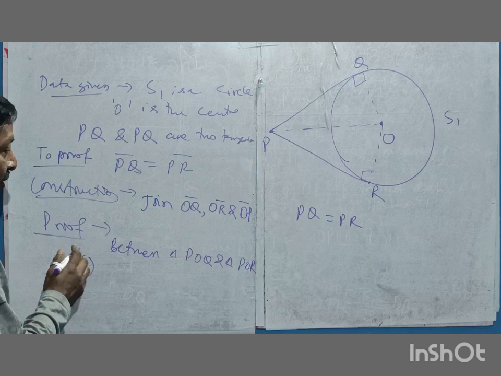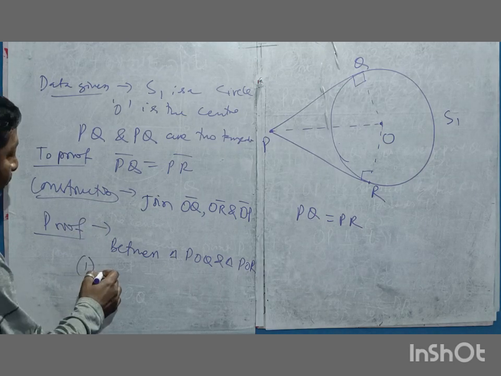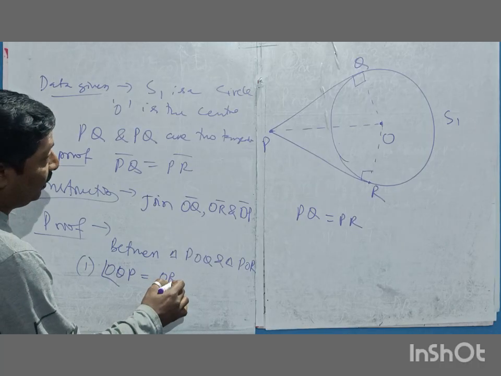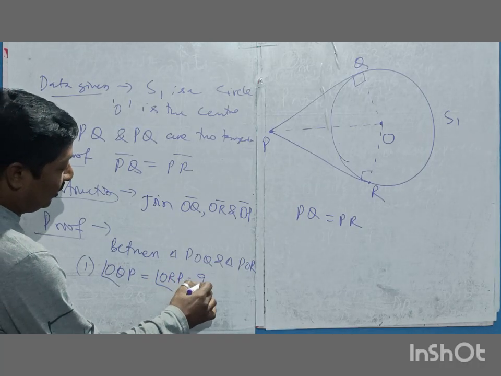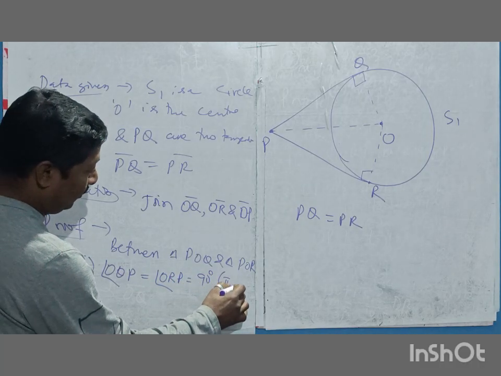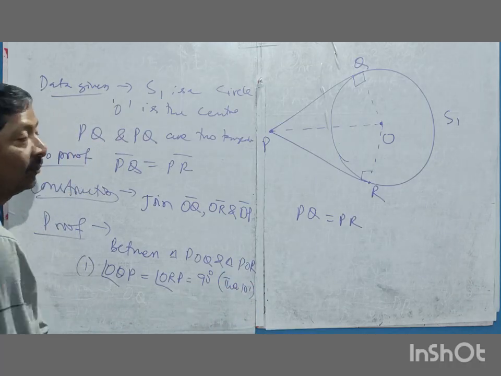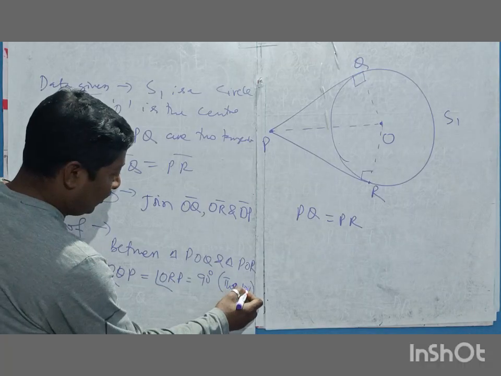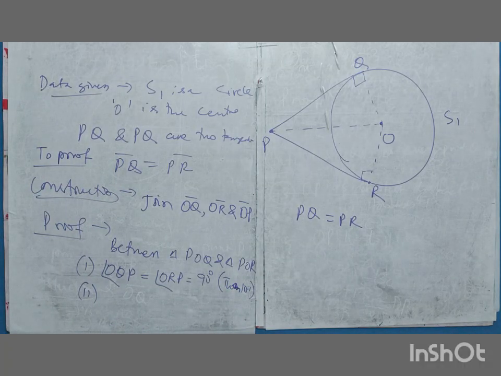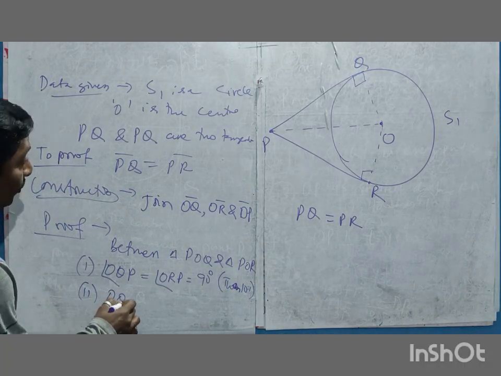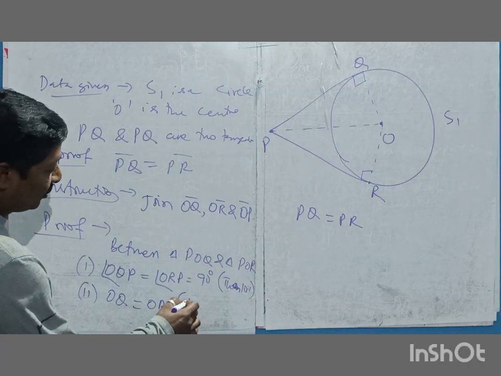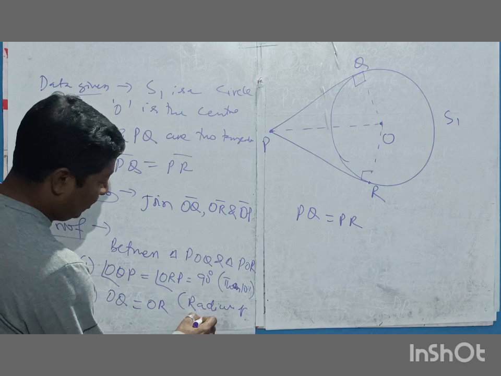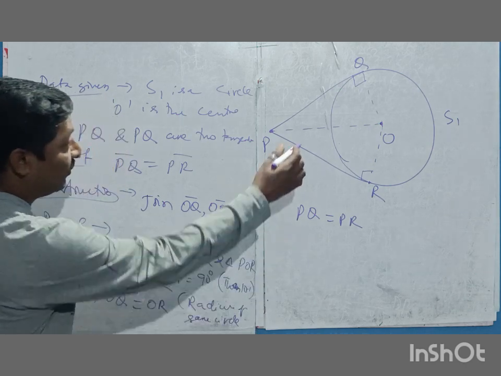What are the three conditions? One is angle OQP equals angle ORP equals 90 degrees, by theorem 10.1. Second, OQ equals OR, radii of the same circle S1.